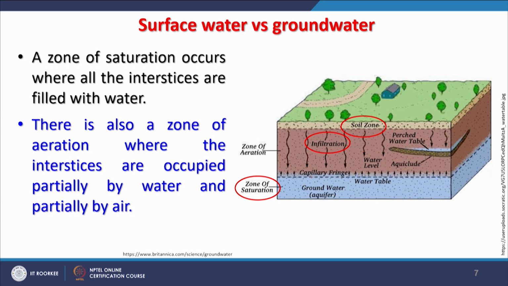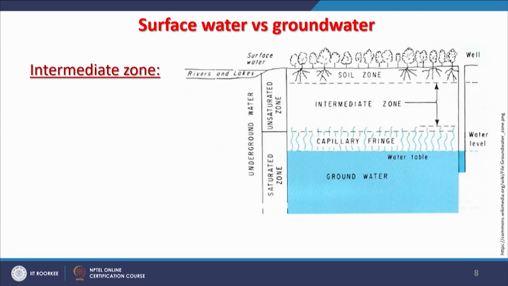So, below the zone of aeration and above the zone of saturation, that surface is called water table. In a section definitely we will see it as a line, but in fact it is a surface in underground condition.